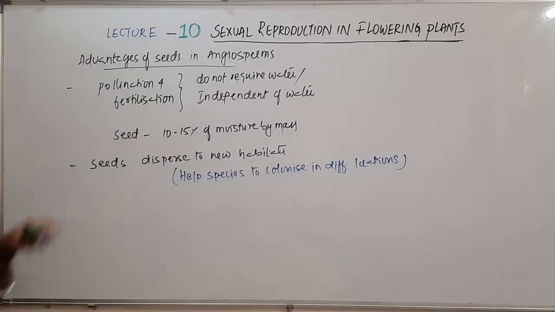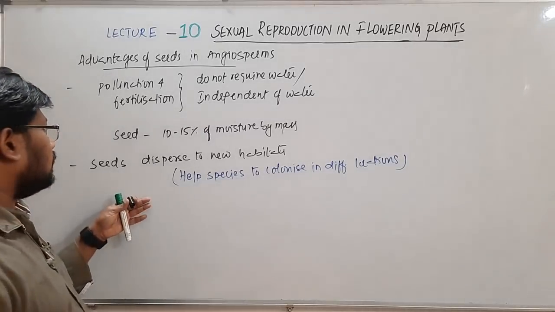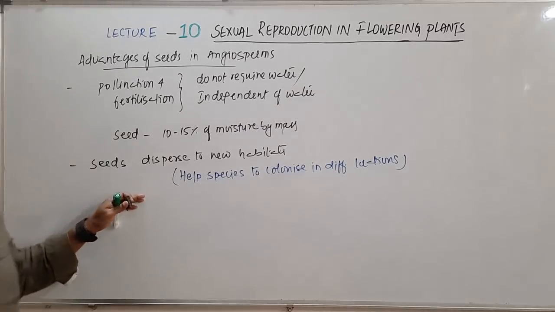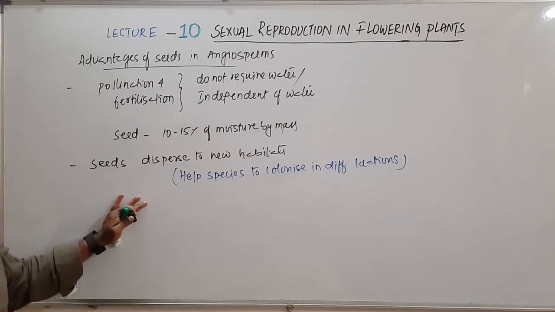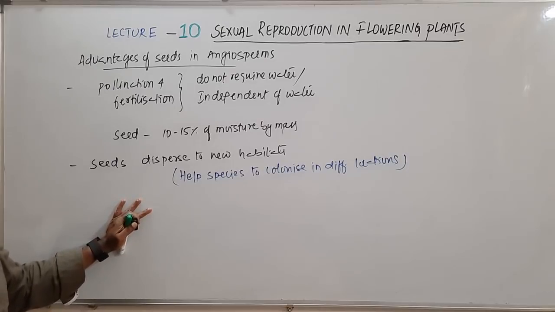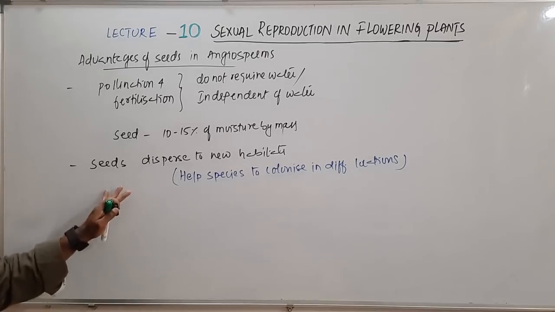So that's the meaning of seeds dispersing to new habitats, and these seeds have sufficient food reserves. Here the young seedlings formed from the seeds, until new leaves are formed and those leaves start the process of photosynthesis, whatever nourishment is required is present within the seed.